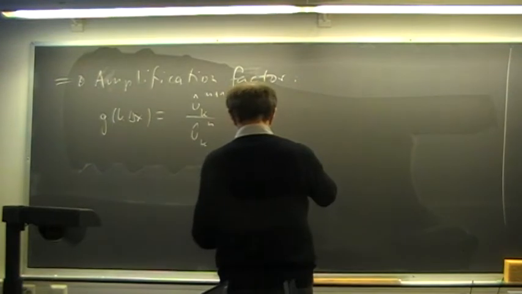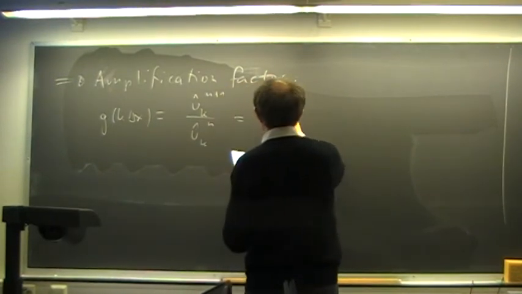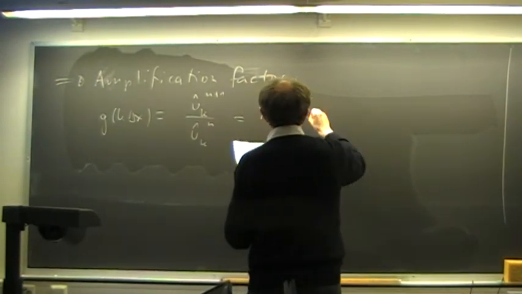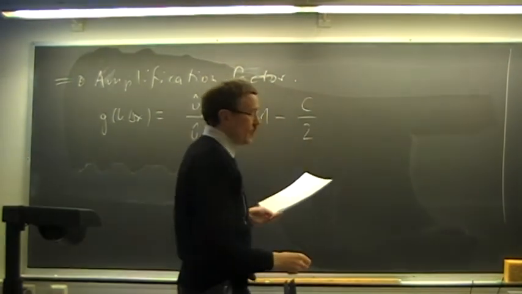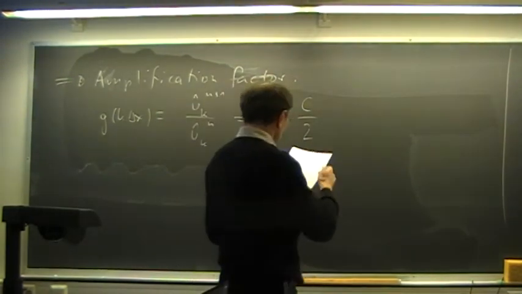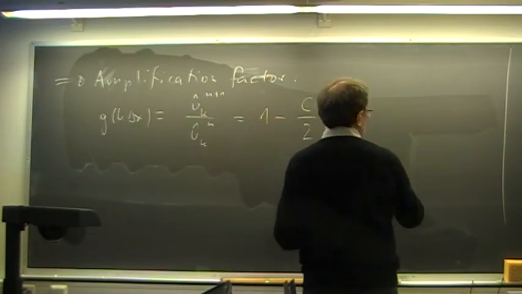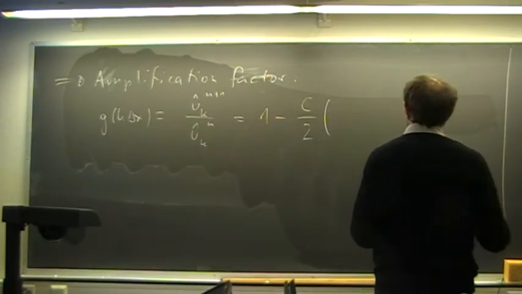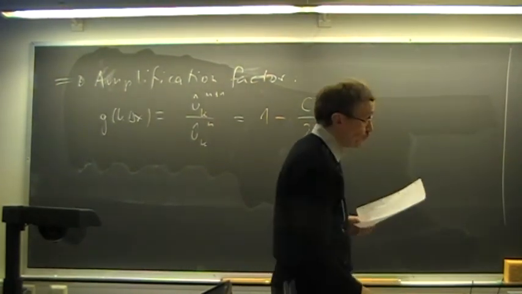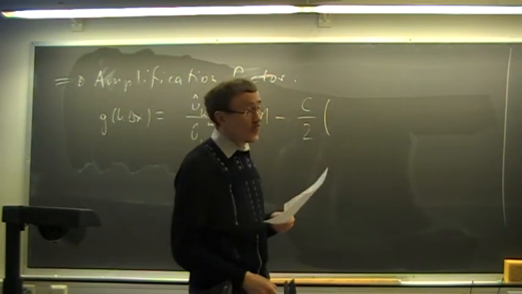That is, as we say, this square bracket, 1 minus the Courant number c half times, and then we have Euler's formula.